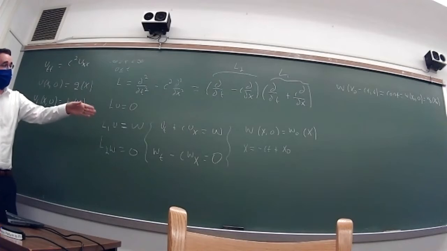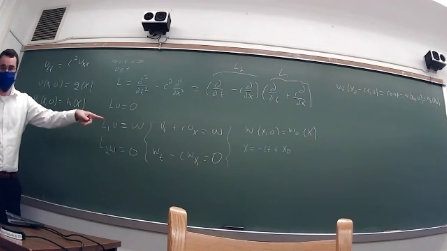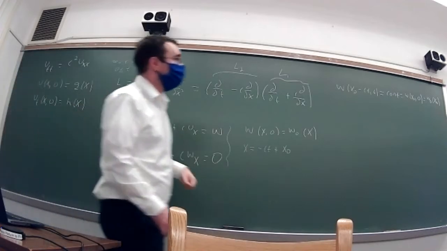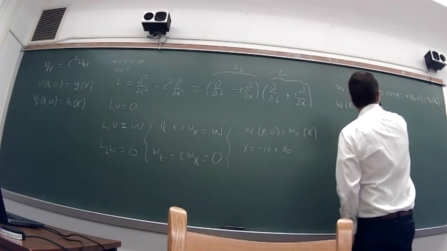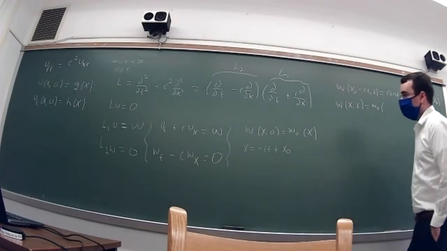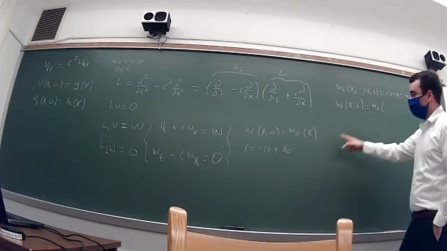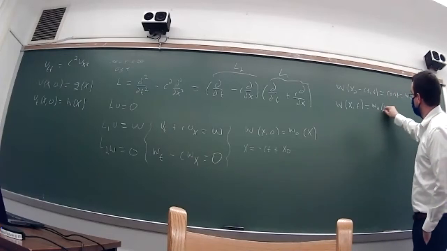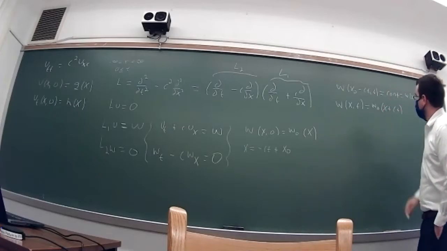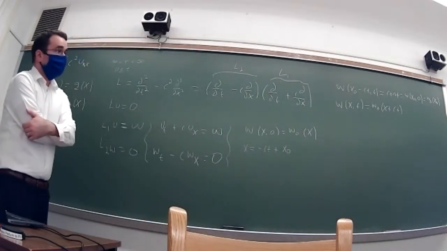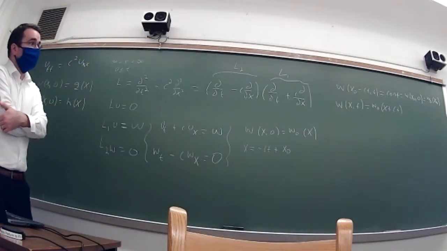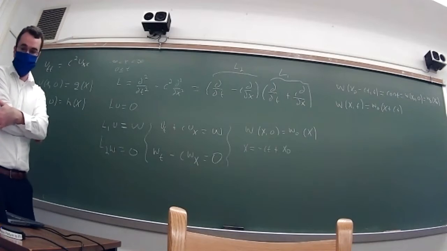So now you try to eliminate the presence of the constant x naught by solving for it in that equation. And so you end up with w must be w naught evaluated at x plus ct.